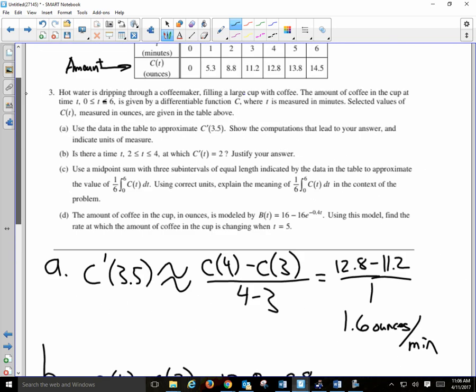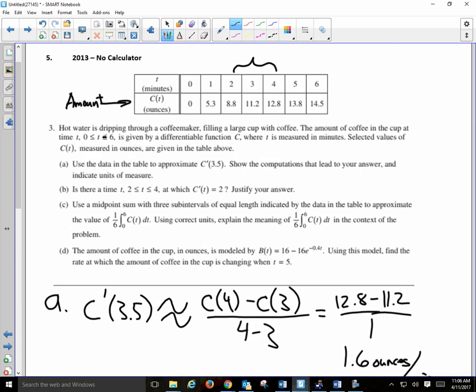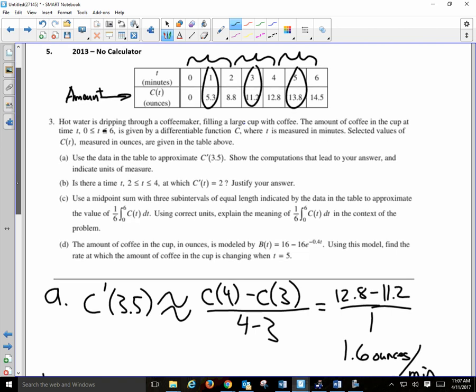So if the entire interval is 6, then what's the width of each subinterval? So what is the middle of the first one? 1, and I evaluate a height of 5.3. 3, I evaluate a height of 11.2. 5, I evaluate a height of 13.8.